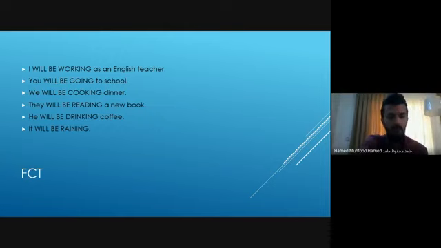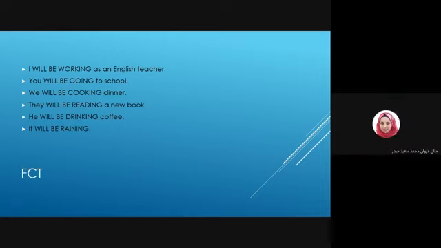Are you sure that we can use the verb keep in the future continuous tense? Can we use keep in the future continuous tense or not?